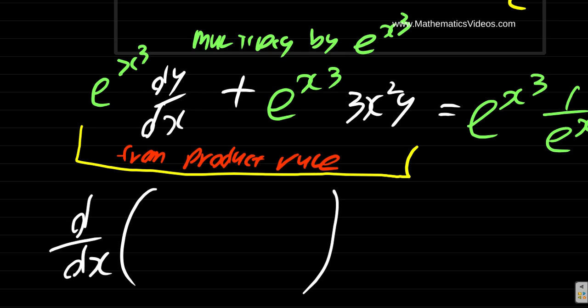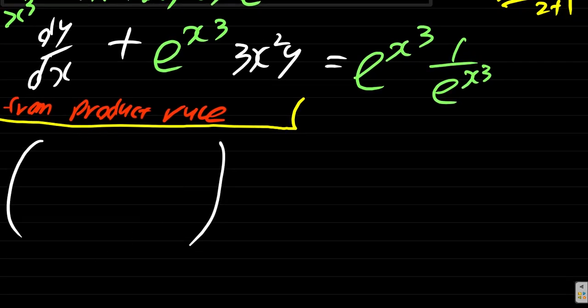Remember the product rule. What does the product rule say? You have u times v as a product. u and v are functions of x, and you're differentiating with respect to x.